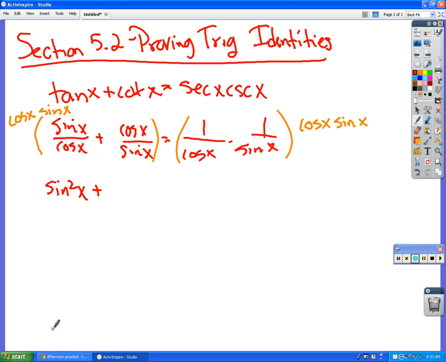Plus, when I do the same thing over here, this time this sine cancels with that sine, which leaves me cosine times cosine, or cosine squared. What happens on the right? They both cancel. So 1. And what do we know sine squared plus cosine squared equals? 1. So 1 equals 1, and we are done.